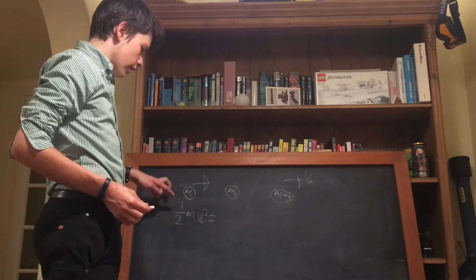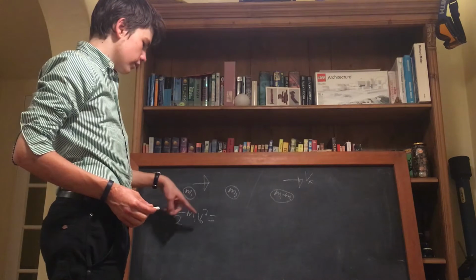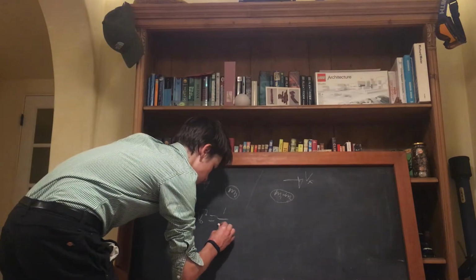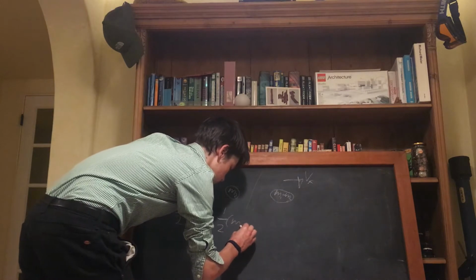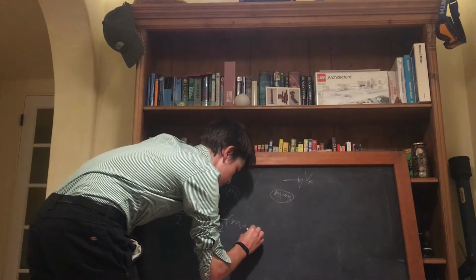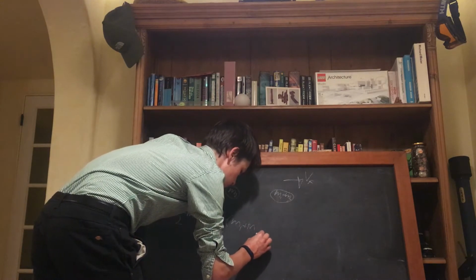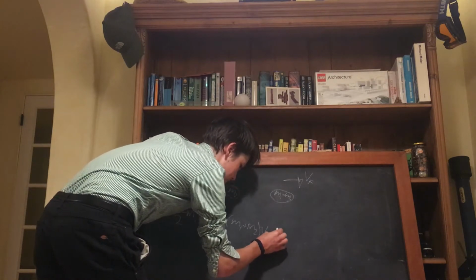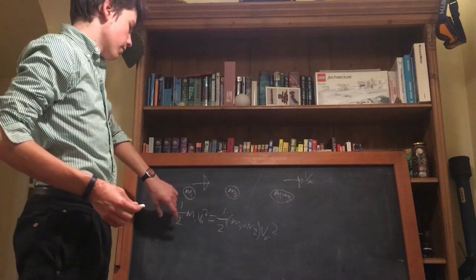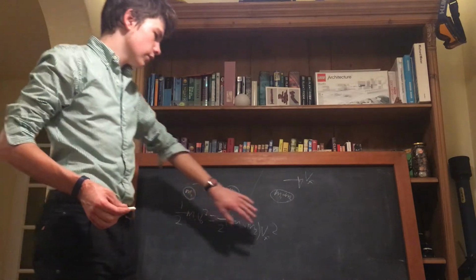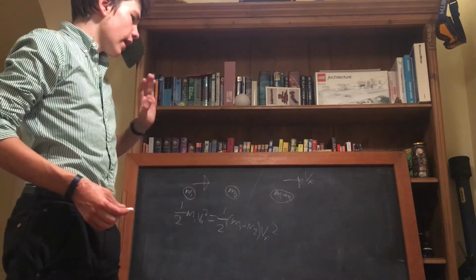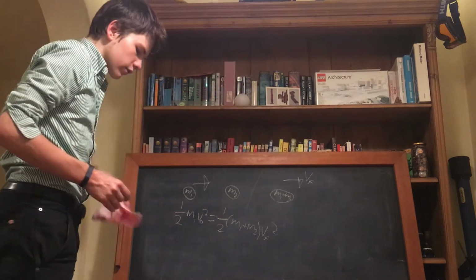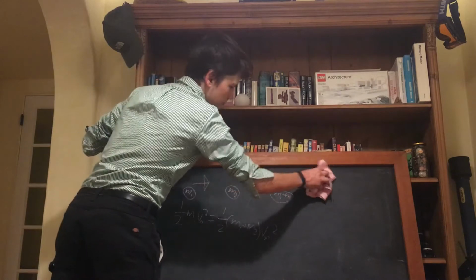So therefore, 1/2 mass 1 velocity would have to equal... and then if you know the masses and the initial velocity, you would be able to find out the ending velocity, but that's not important right now because we're going to see how we can apply this to the problem.